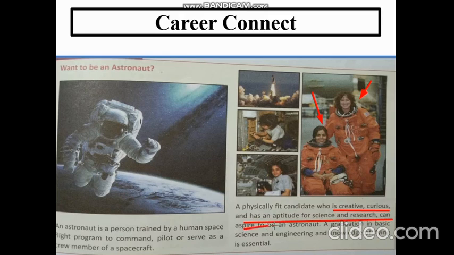Are you interested in science and research? At the same time, you should be healthy and fit. A graduation in basic science and engineering and knowledge of flying is essential. I hope you have learned about how to become an astronaut.